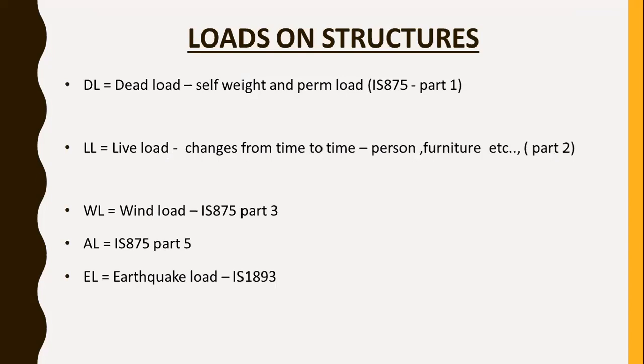These are all considered live load, right, which is in IS 875 part 2. The third one is wind load, which is in IS 875 part 3, then snow load in IS 875 part 4, and then EL, which is earthquake load, IS 1893, right? So basically we need these four types of load: dead load, live load, wind load, and earthquake load.